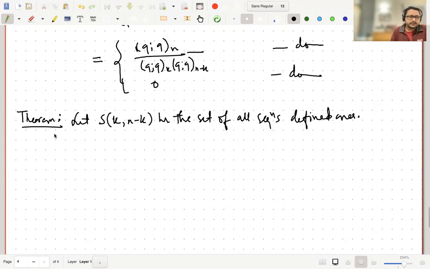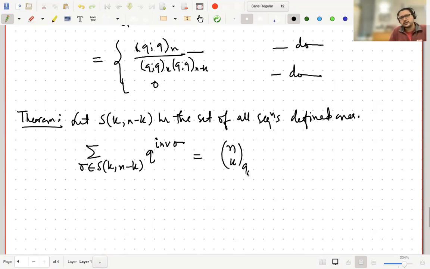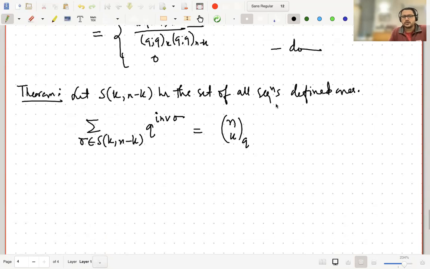Then the sum over all sigma in this set S(k, n-k) of q raised to the power inversion of sigma is equal to n choose k q. So basically this is the q binomial coefficient.